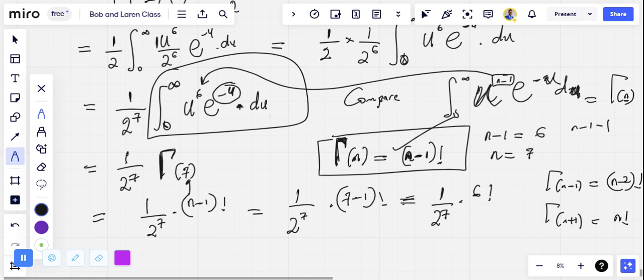So guys, what is 6 factorial divided by 2 to the power of 7? 2 to the power of 7 is 128. So that is 6 factorial over 128.